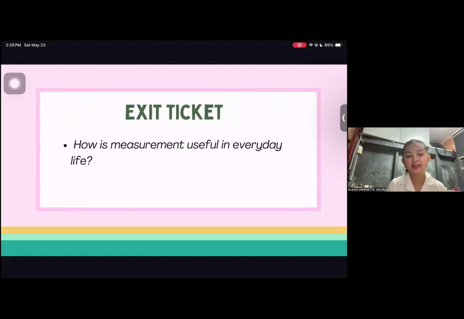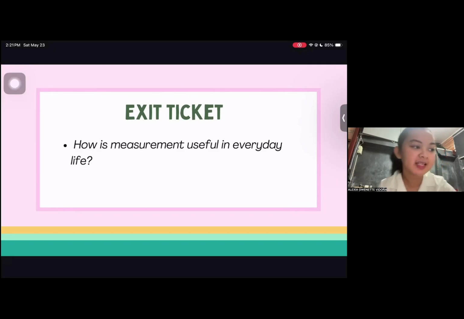So measurement is useful in our everyday life because it helps us measure things accurately such as length, height, distance, and size. We use measurement when cooking, building, traveling, buying materials, even in our classroom. That is why learning how to measure and convert units of length is very important.